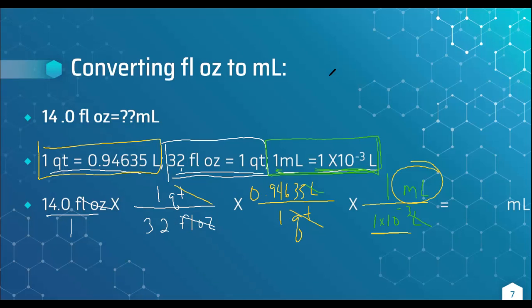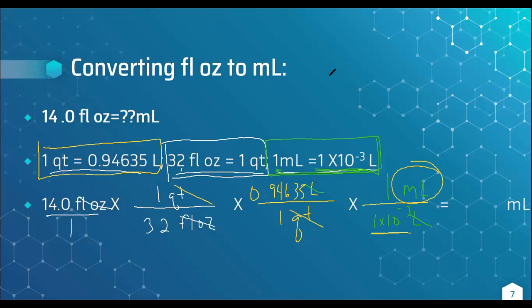So let's do this. This is 14.0. We're going to divide by 32 and then multiply 0.94635. And then we're going to divide by 1 times 10.